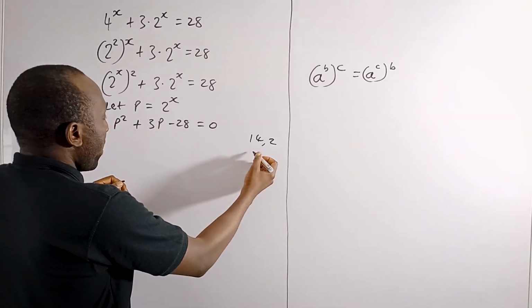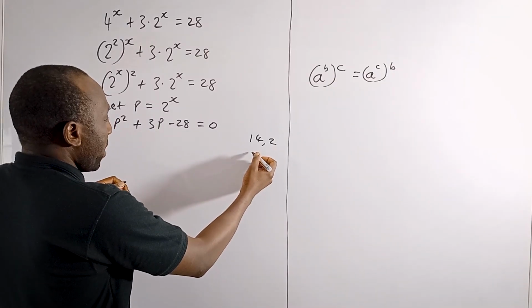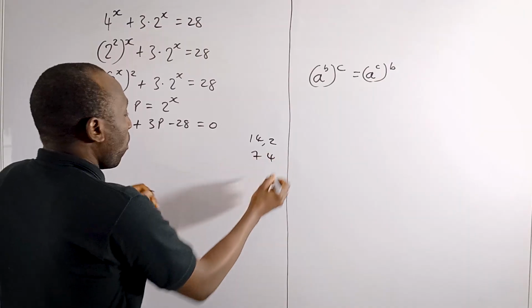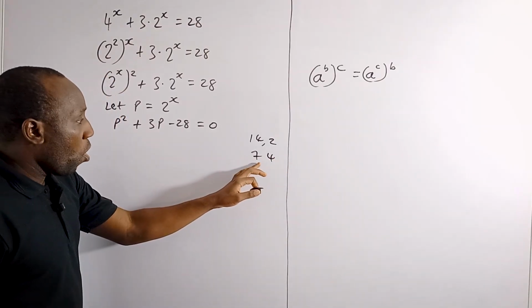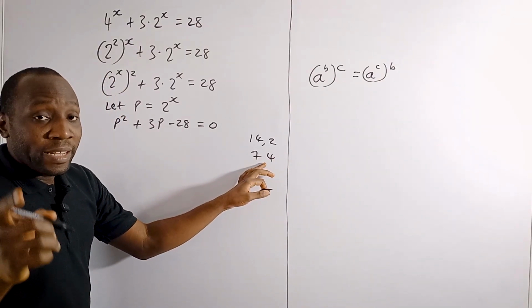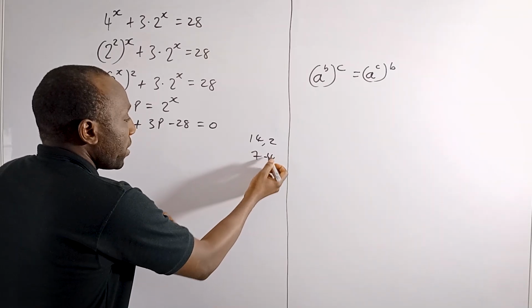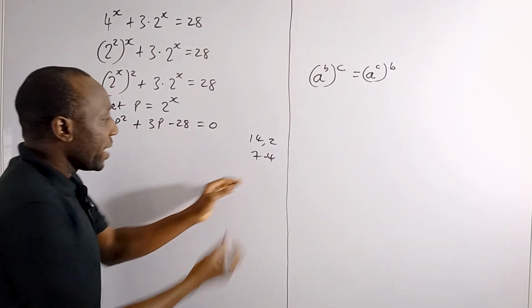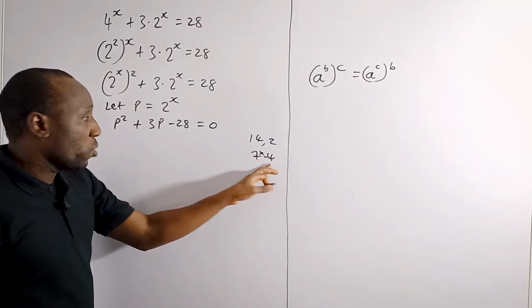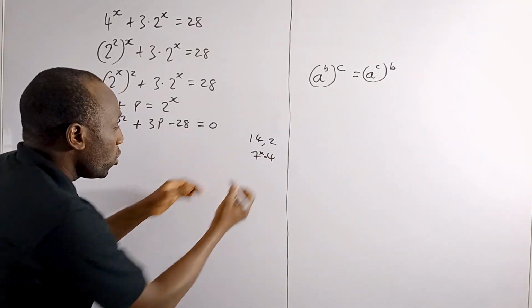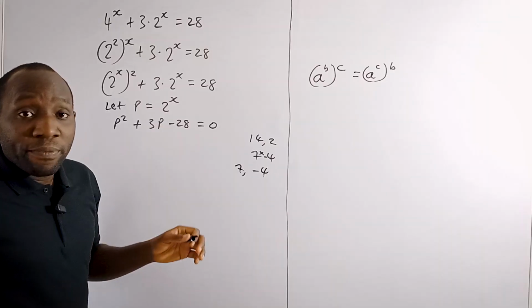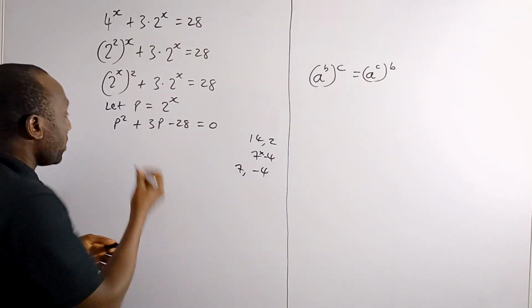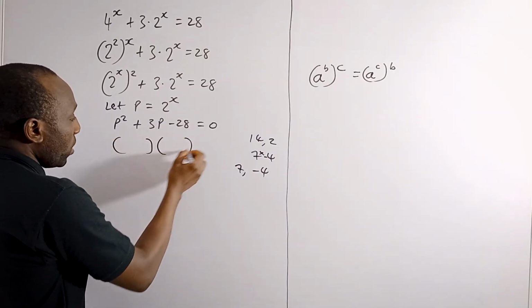No. Let's try 7 and 4. Now, one of the numbers will have a negative sign. If you put minus here, 7 plus minus 4 is 3, but 7 times minus 4 is what? Minus 28. So we're going to use 7 and negative 4.